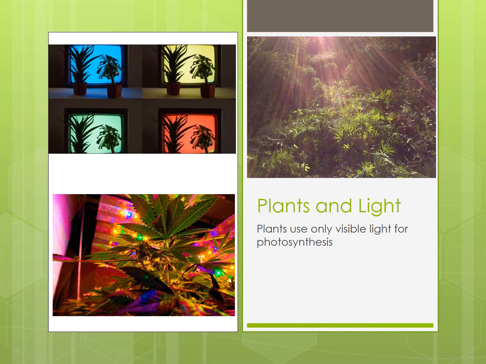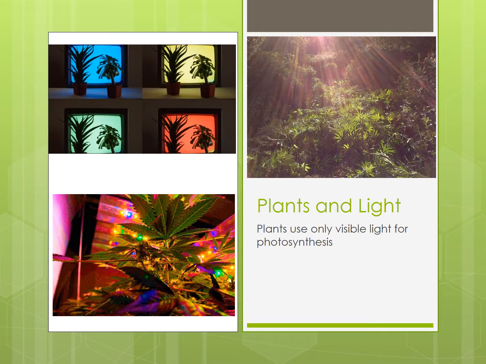Now, plants are going to use only visible light for energy. That visible light spectrum will strike a plant, and they will absorb only those wavelengths. Some of the things they reflect, some of it gets absorbed. What color light is reflected from plants? They're reflecting green. They are not absorbing in the green wavelength.